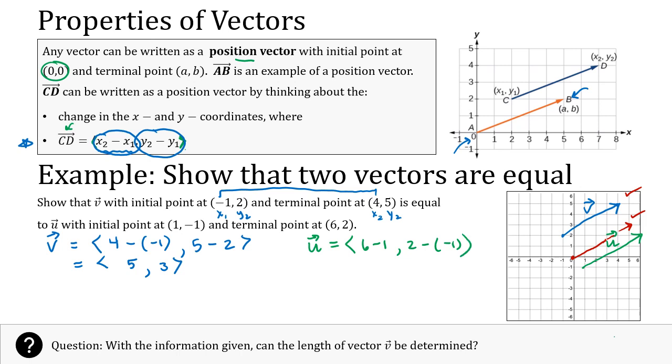Oops, I put a parenthesis there, didn't I? So don't do that. Let's change that to the v on its side. So 6 minus 1 is 5, and 2 minus -1 is 3. And sure enough, these both represent the same position vector, and therefore they are equal.